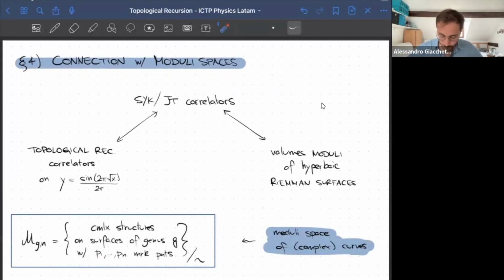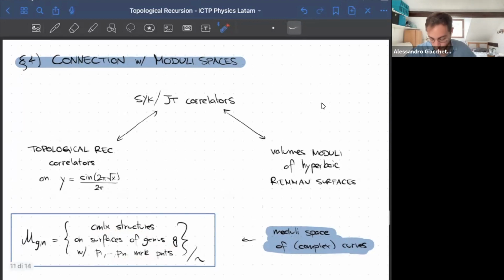And the first point is that this moduli of hyperbolic surfaces is very specific to JT. More generally, you have to consider something slightly different, which is the moduli space of complex curves. I will denote it with M_{g,n}. This is the space parameterizing complex structures on surfaces of genus g with n marked points.